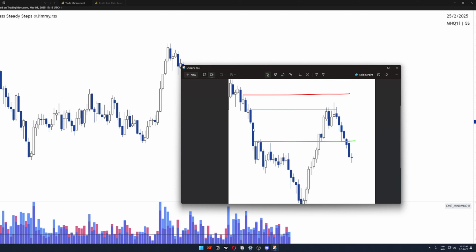The 50% extension also got hit, price immediately came back, tapped it again, and then ran on towards the TP.